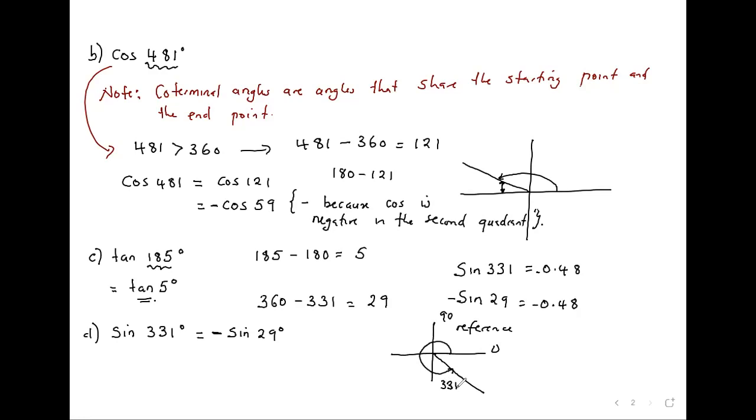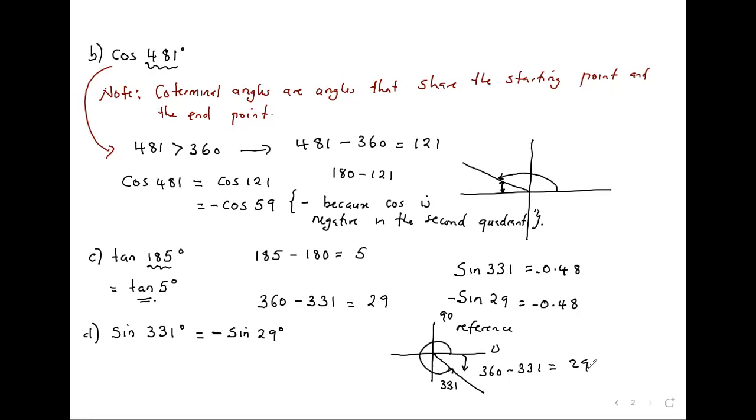So we can get its remaining piece for it to form 360, which is a reference angle. So when we get a reference angle to be 360 minus 331, we'll get 29. But 29 does not belong to this quadrant. It belongs in the first quadrant, where sine is positive.